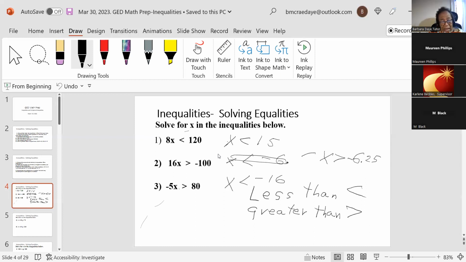It's only when you divide by a negative. The 16 is plus. So it's a minus 100 divided by 16. You don't reverse the inequality symbol because the 16 is not negative, it's positive. And the minus you got for the minus 6.25 is because you divide a negative by a positive, and unlike signs divide to give you a negative.